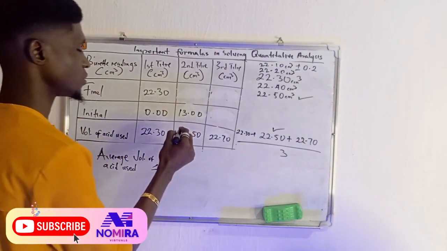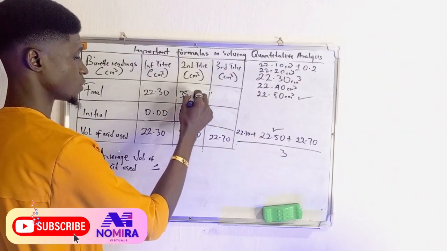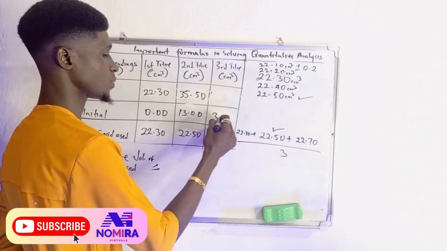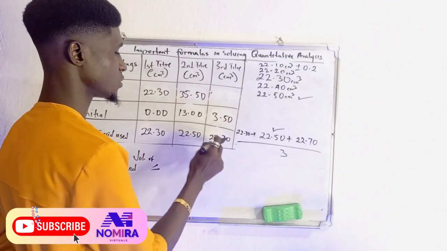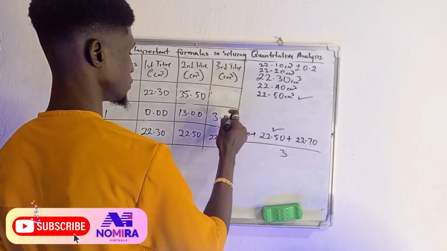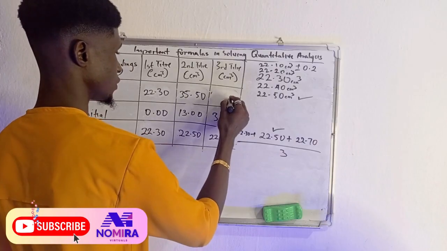When you add this, you have 35.50. So this could be, let's say you put like 3.50. When you add it to this, you have 0.